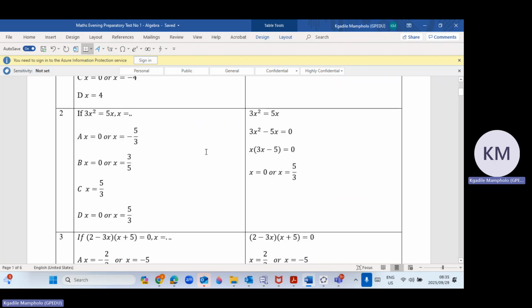If there's a common factor of a variable, you don't divide by the variable that you're solving. Here, you cannot divide both sides by x. If you have x squared and x on the other side, take the 5x to the left, and then take out x as a common factor. Then x equals 0 or x equals 5/3. So don't divide by the variable.